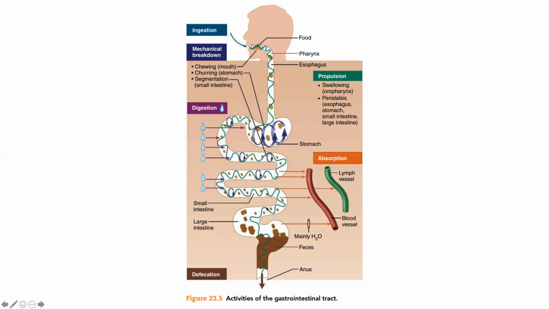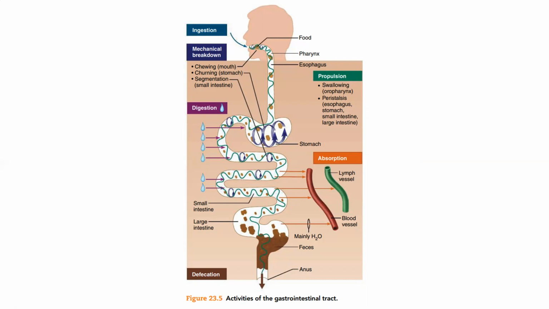Small intestine, large intestine, and finally all the nutrients will be absorbed into the circulation, the blood vessels and lymphatics, and the waste products, which become feces, will be stored in the sigmoid colon and rectum, and finally pass through the process called defecation.